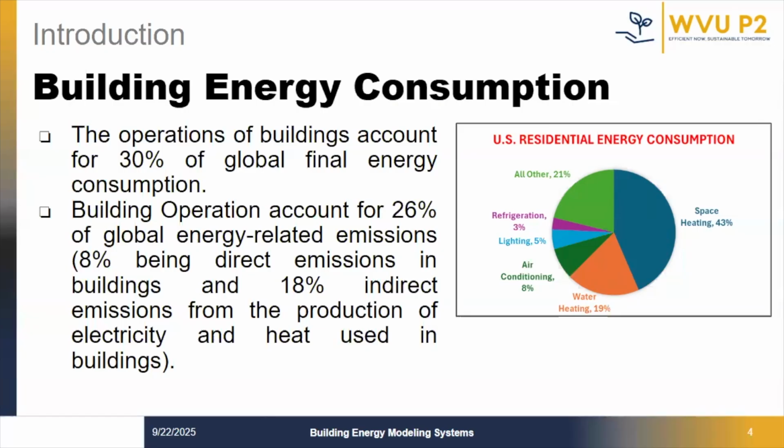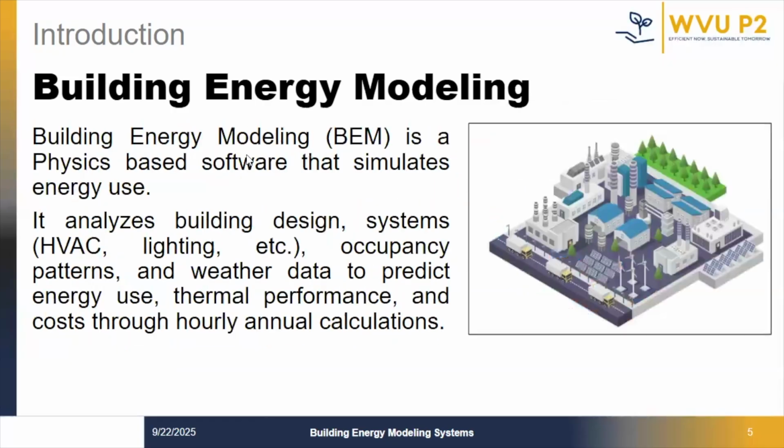In the United States, space heating alone accounts for around 43% of residential energy use. These numbers make it clear why improving energy performance is such an important part of addressing climate change and reducing operational costs. The numbers can be easily seen on the pie chart on the right side of the slide.